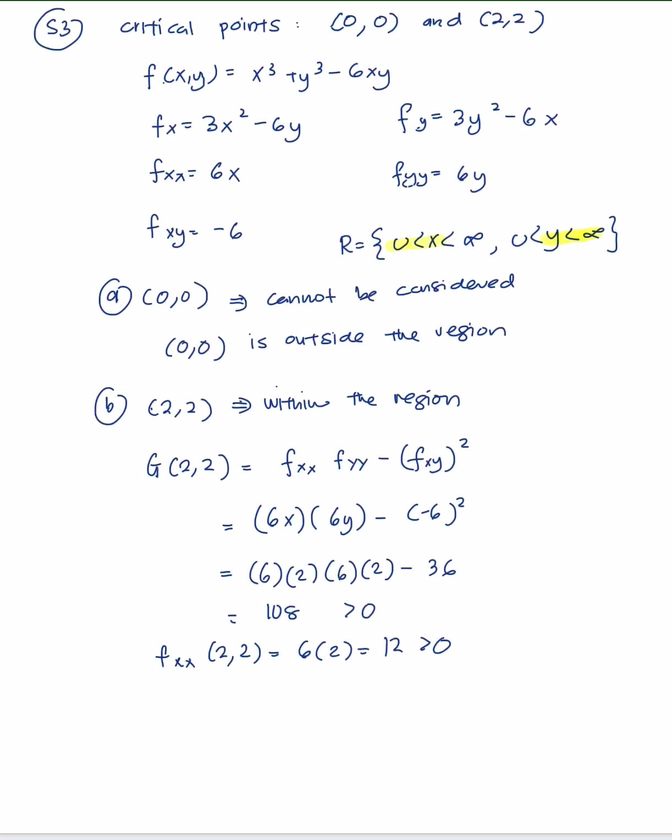Therefore we can conclude that since g(2, 2) is greater than 0 and fxx is greater than 0, f(2, 2) is a local minimum.